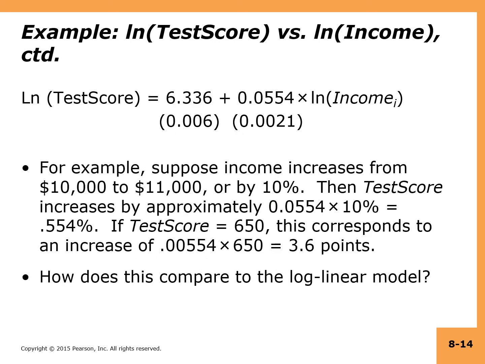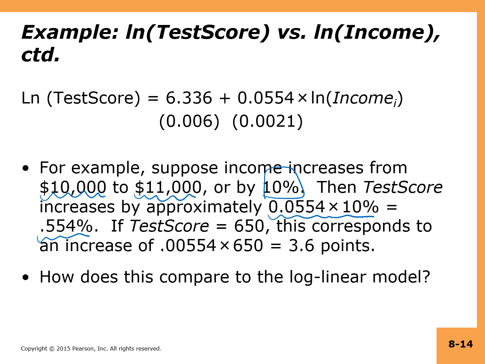So let's say in our example that there is a district with per capita income of 10,000, and this district's per capita income increases to 11,000, or by 10%. In this case, our model predicts that the test score would increase by 0.0554 times 10%, which is 0.554%.